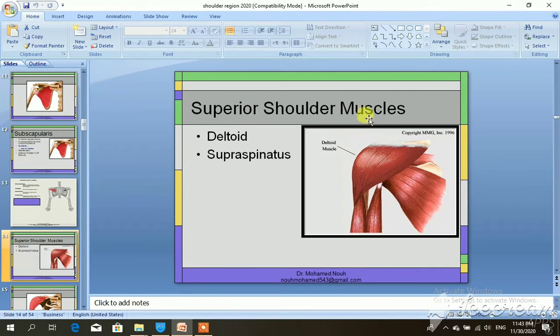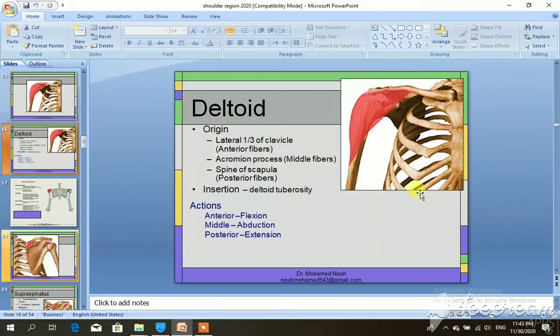The superior shoulder muscles are deltoid and supraspinatus. The deltoid muscle, as you can see here, originates from the lateral third of the clavicle, which gives the anterior fibers, the acromion of the scapula, which gives the medial fibers, and the spine of the scapula, located posteriorly as you know, which gives the posterior fibers.